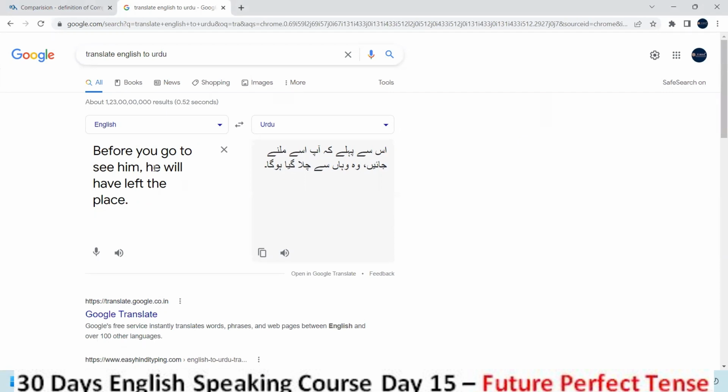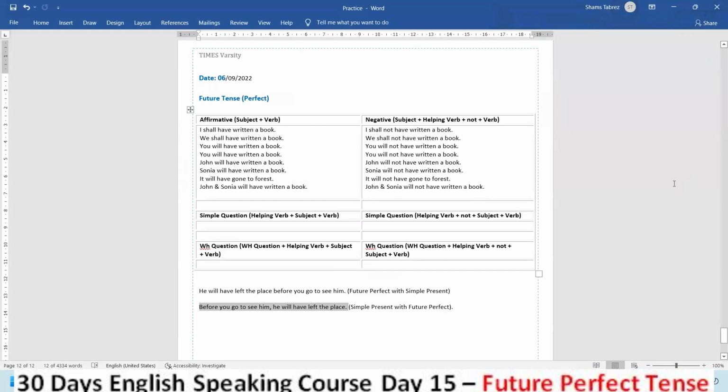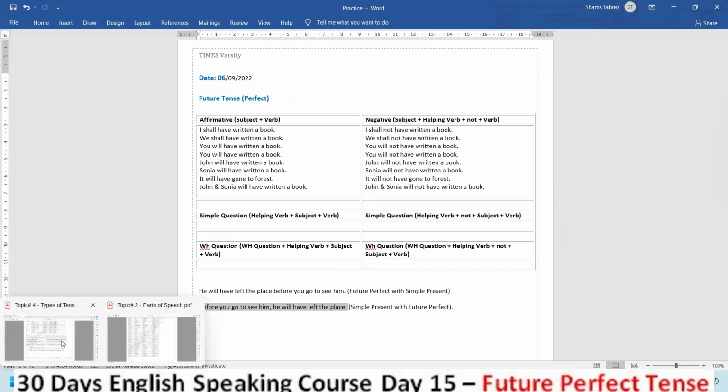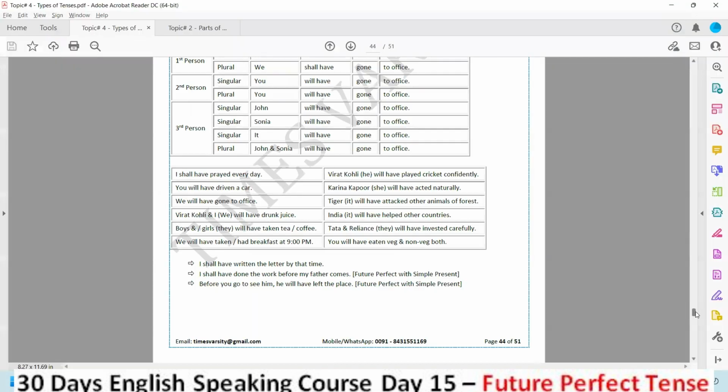Alright? If you correctly frame your sentence, your translation will also be correct. Okay, so this is about future perfect simple or affirmative sentence.